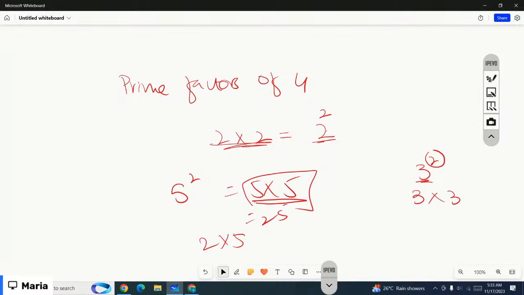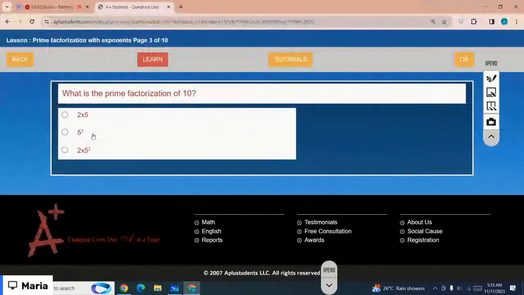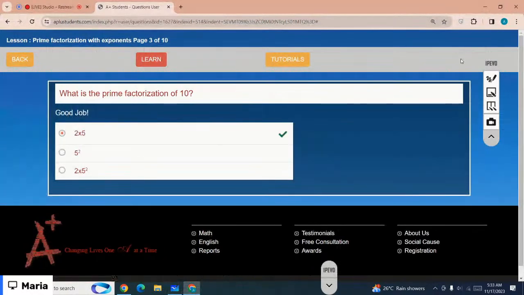For 10 it is 2 times 5 simply. They are two different numbers, right? So the correct option is 2 times 5. Option number 1 is the correct option.